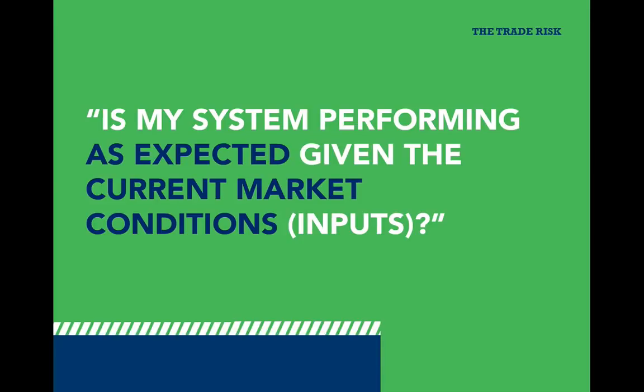Where does it actually start to perform lousy? Let's say, for example, your system performs lousy during low volatility environments. Let's say you need volatility, you need movement, right? And during low volatility environments, your system starts to draw down because there's just not enough movement. It takes entries, they get stopped out. It takes entries, it gets stopped out. So low volatility environments are bad for your system.